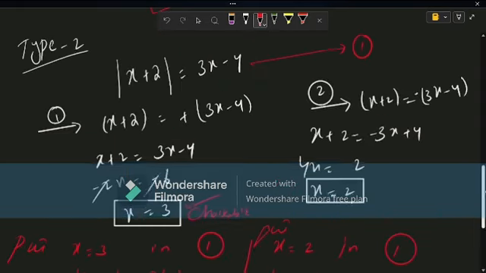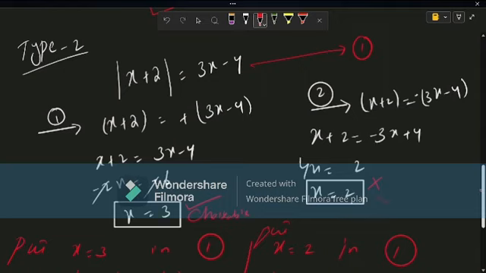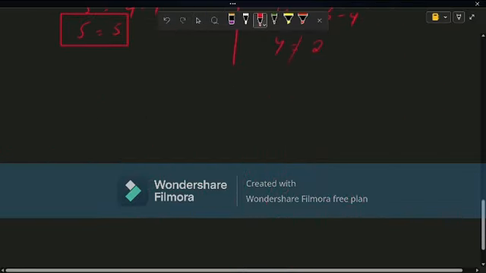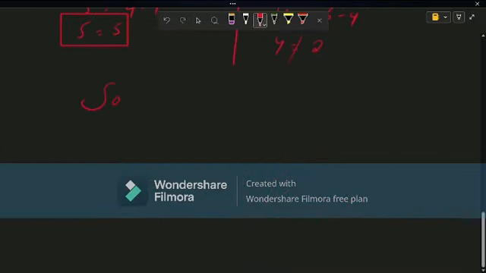It means that x is equals to 2 is not choosable. So the only possible answer is x is equals to 3. So x is equals to 3 is the best choice.